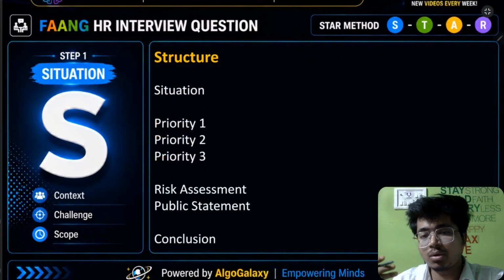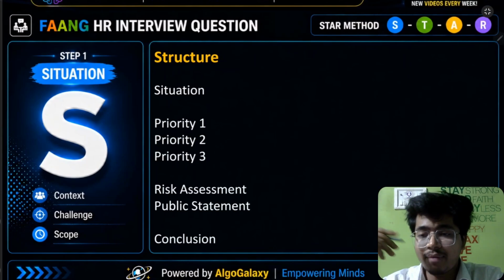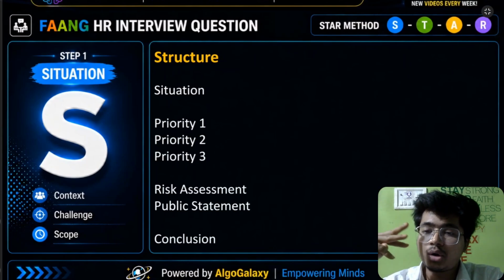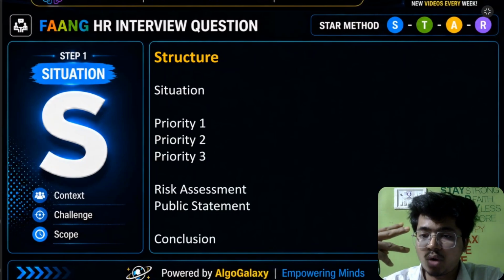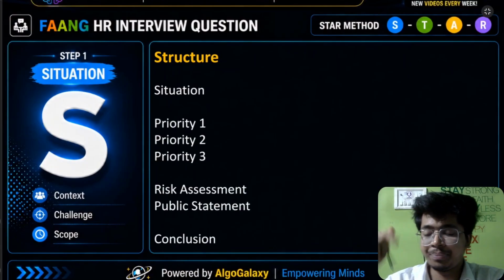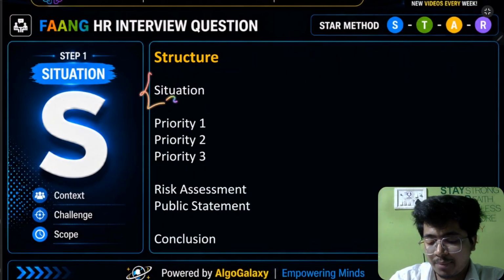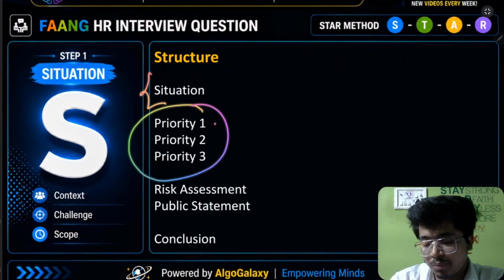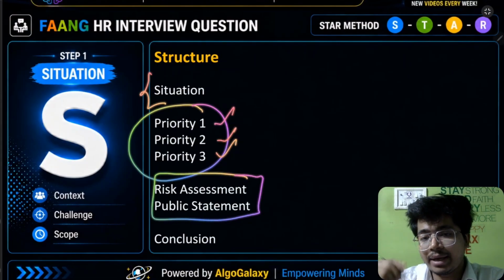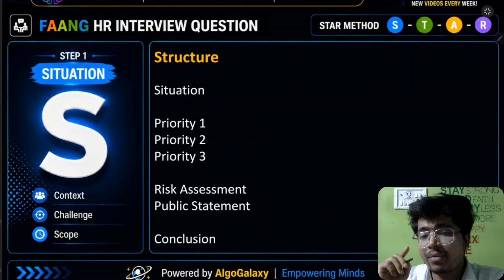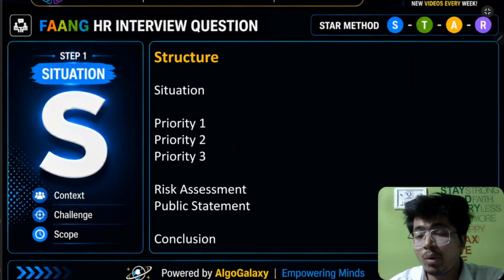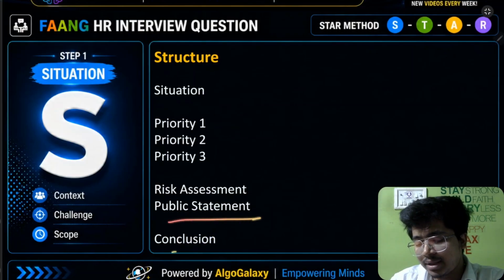The question was designed so that we have to tell about the situation, but also our top 3 priorities, the top 3 decisions or actions we will take. Then we talk about the risk assessment, and the question also asks what public statement the company will give. So this is the public statement and the conclusion.